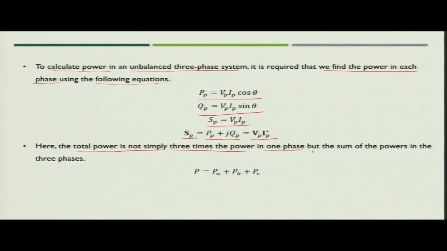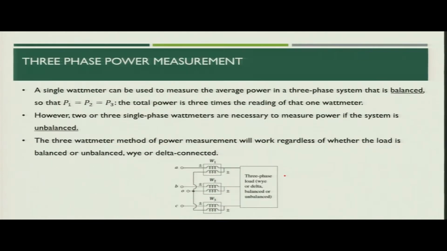So, in that case how we will calculate the total power? We will find out the total power as the sum of powers in 3 phases. So, we will write P, that is total power for the 3 phase system, will be Pa plus Pb plus Pc.